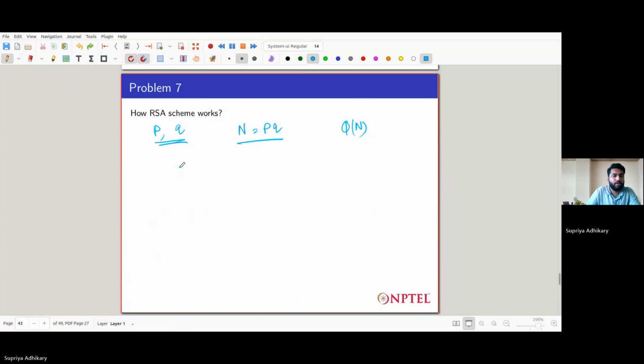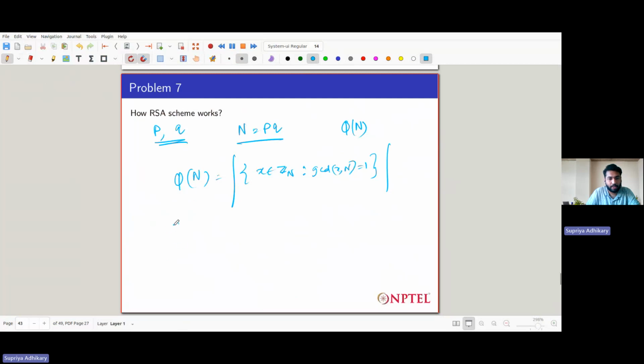So phi n is basically the number of elements in the set, and the set is all those elements x in Zn such that GCD of x and n is 1. That is all those elements that are co-prime to n. So this is our number phi n.